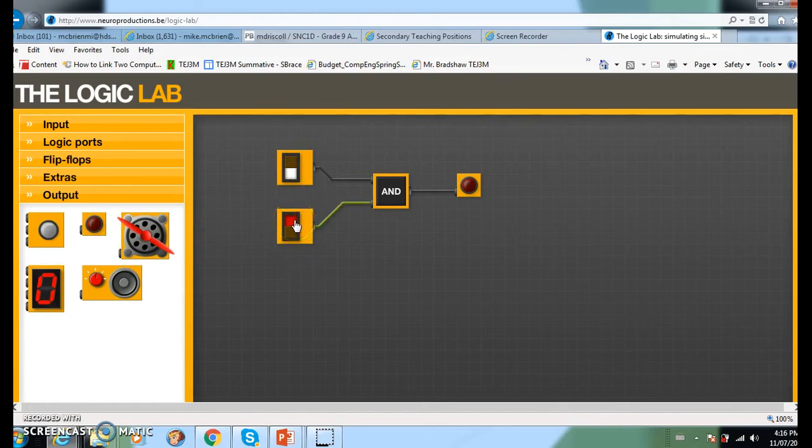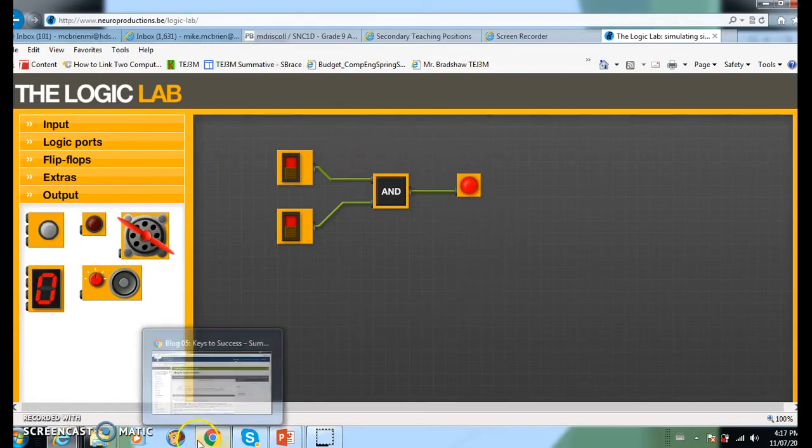Input B is a 1, input A is a 0, and again our output is a 0. And finally, our last possibility, we flip the switch, input A is a 1, input B is a 1, and finally our system lights up. This is the case we are looking for where the output is a 1. So we've now completed our truth table for our simple system that we were considering today.